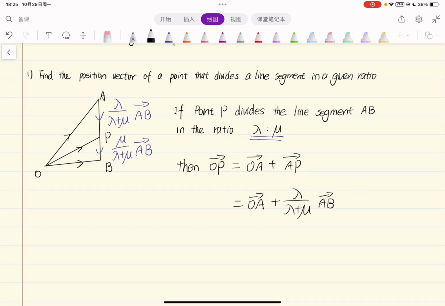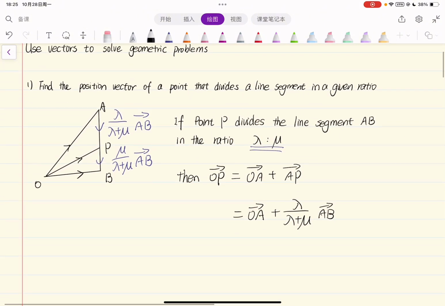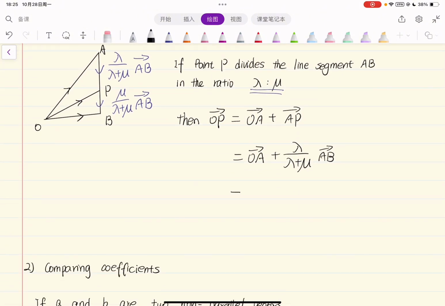And the vector AB equals the vector OB minus the vector OA. So the vector OP equals the vector OA plus lambda over lambda plus mu times the vector OB minus the vector OA.